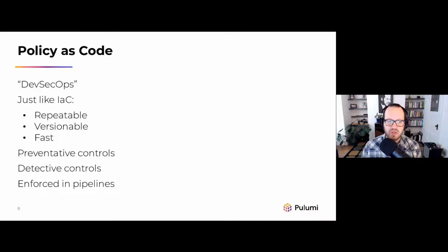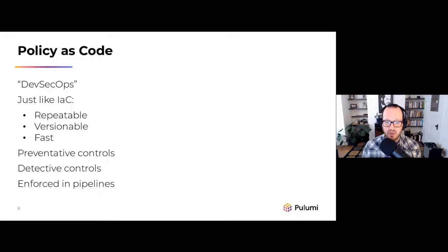When we're doing policy as code, just like infrastructure as code, we're essentially writing software. And so we get all the benefits of describing our policies in software. Our policies are going to be repeatable. They're going to be versionable. It's going to be an automated process to check compliance, and so that's going to be really fast and accurate.